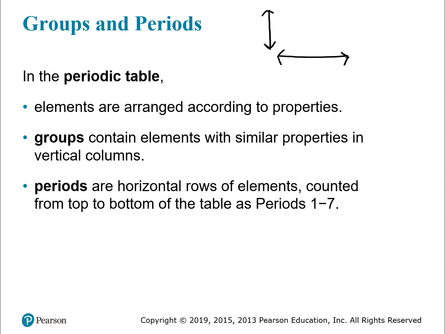The way that I remember the difference is this little mnemonic. I write group and period. Groups are up and down, the vertical columns. The periods are left to right, horizontal rows.